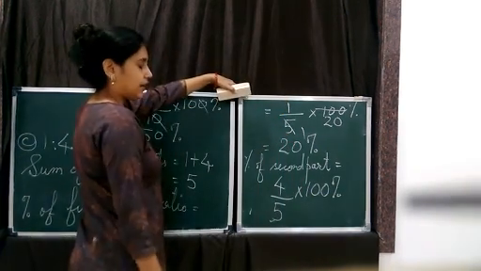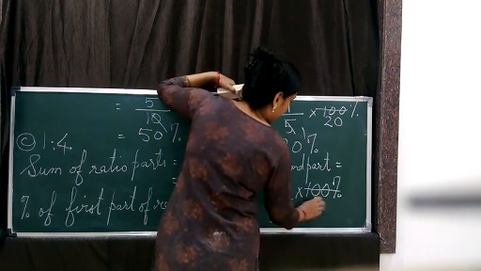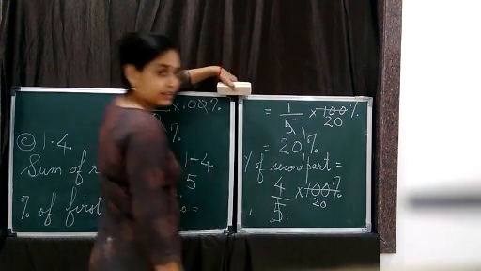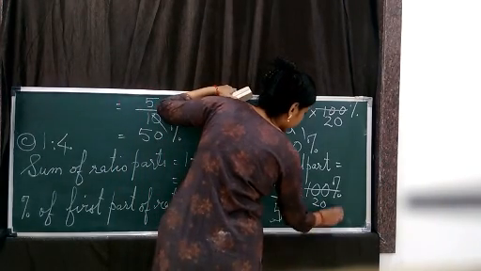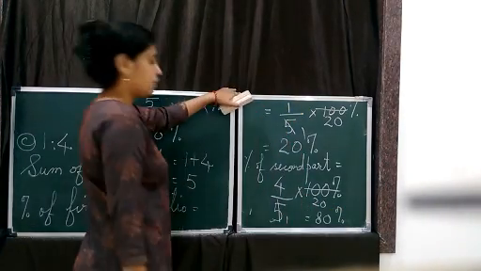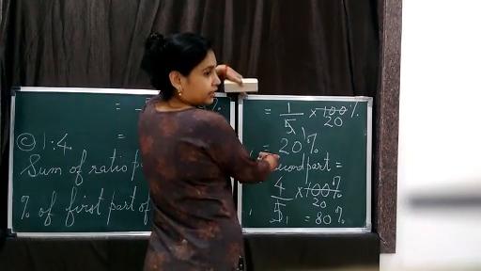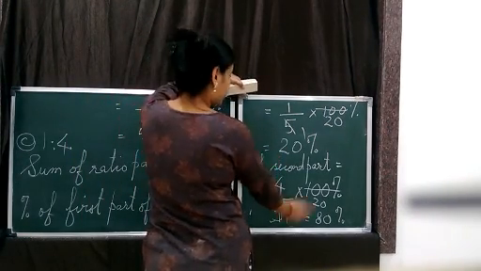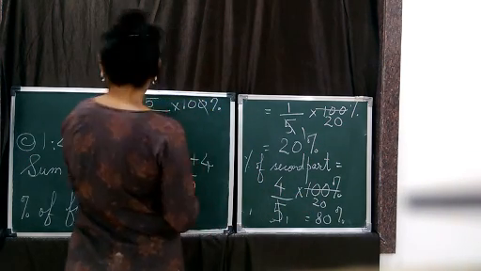Okay, again 5 and 100 will get cancelled. Same way, 5 ones are 5 and 5 20s are 100. Then 4 into 20 will give us 80. So it is 80%. Okay, the other way to find the second number is 100 minus 20, which will give you 80. Okay, so this completes C.